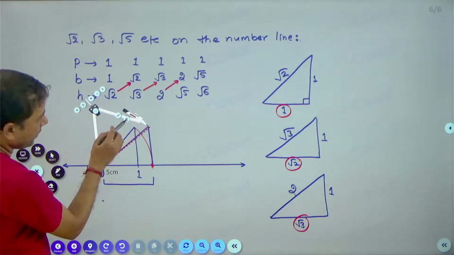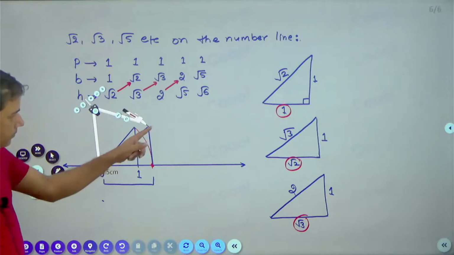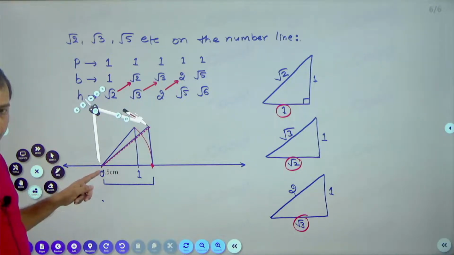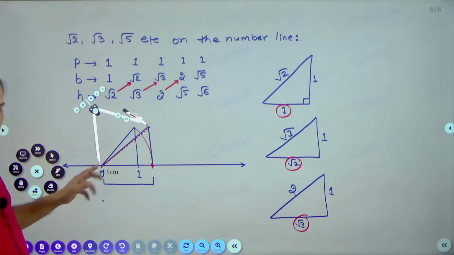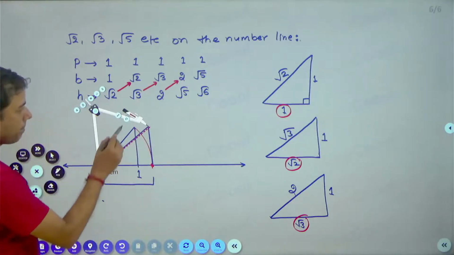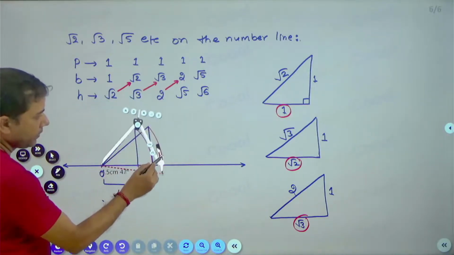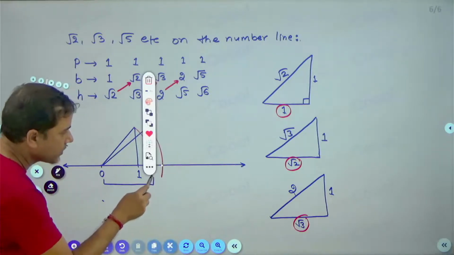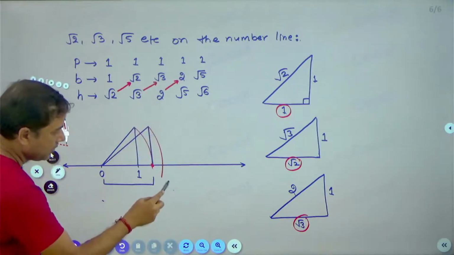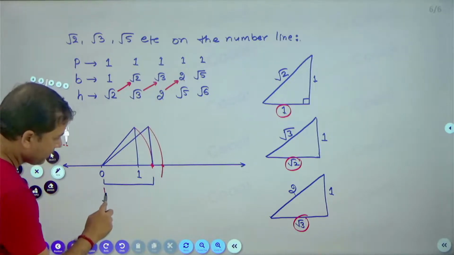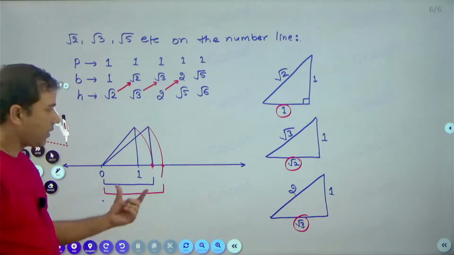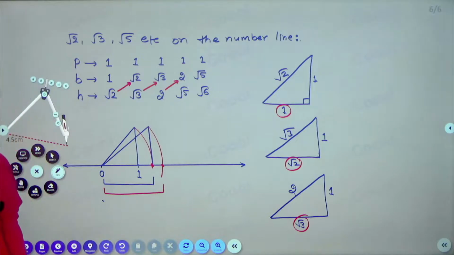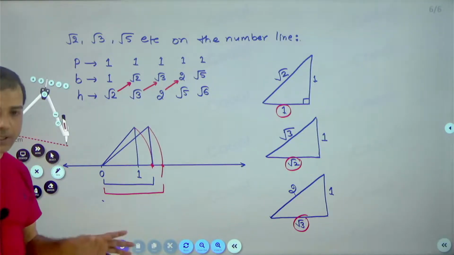Check if it is perfectly put there. Correct? I am going to draw an arc. This is cutting the line here. Can you tell me how much is this length? Root 3. Exactly, I got root 3. Did you understand the technique?